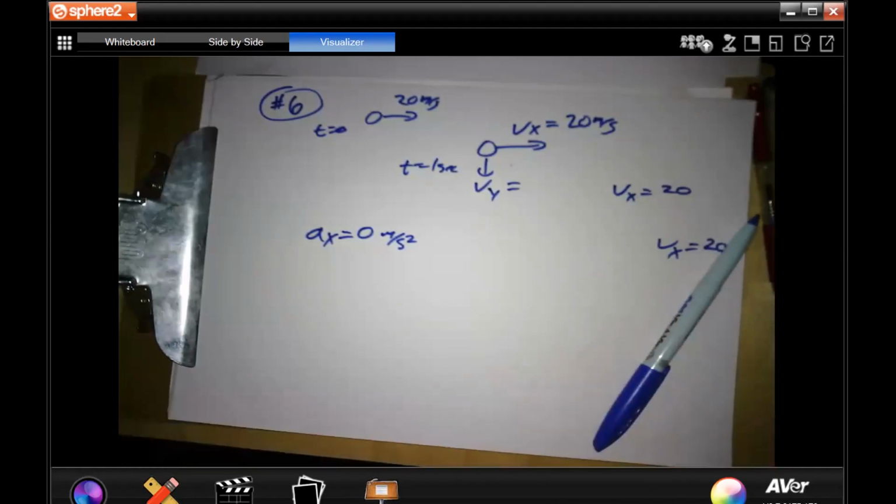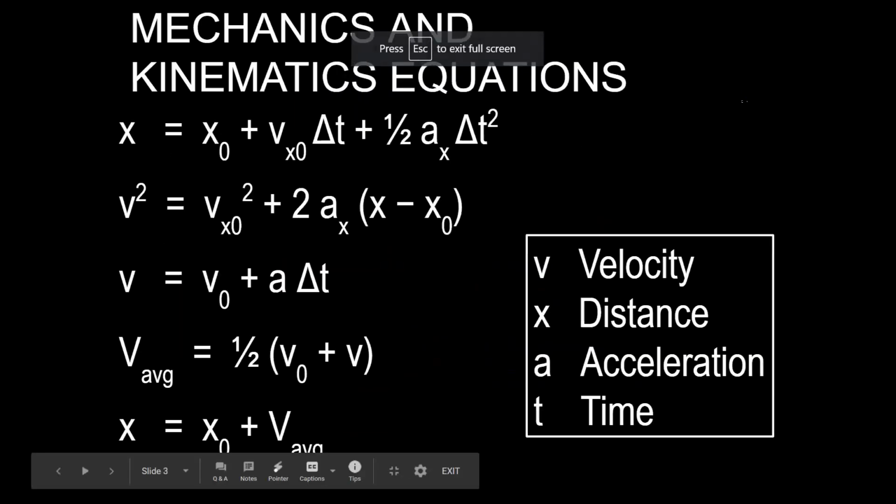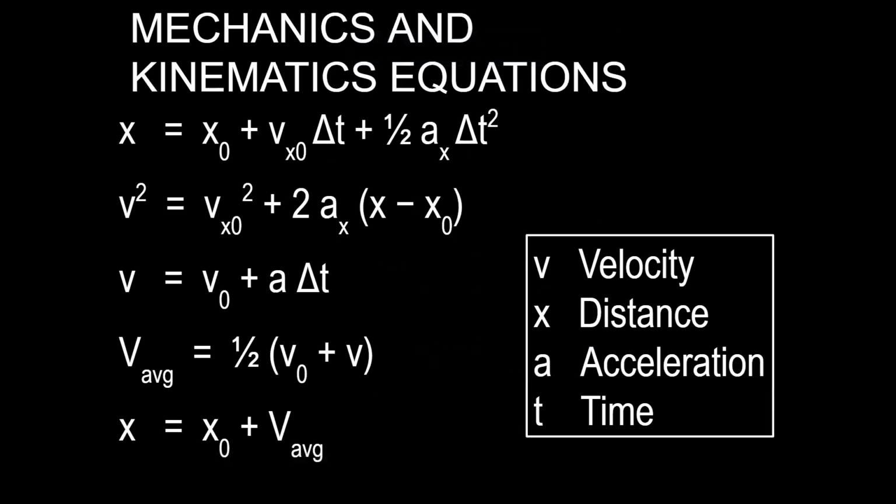So what we want to do is look back at our notes and think about which equation we use. The question had a velocity and a time and an acceleration, and it wants a new velocity. So how can you use old velocity, the initial velocity, the acceleration, and the time to find the new velocity?